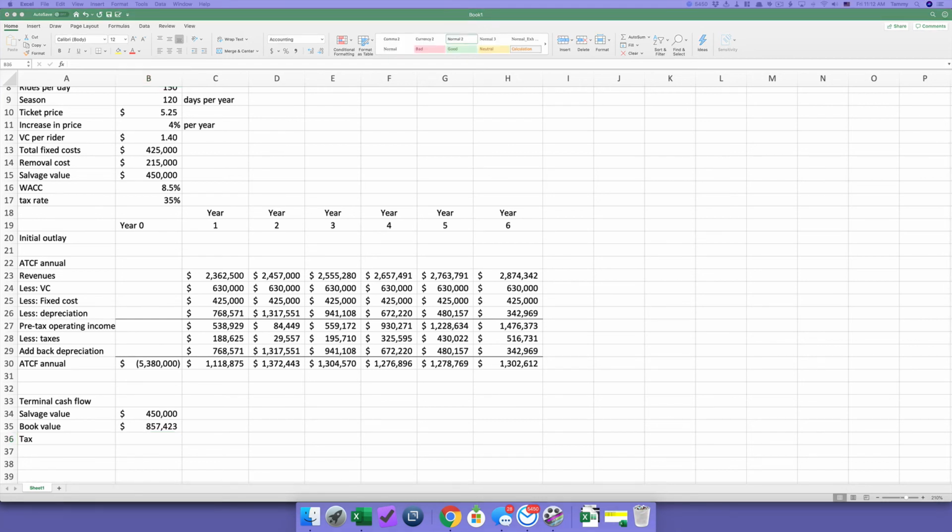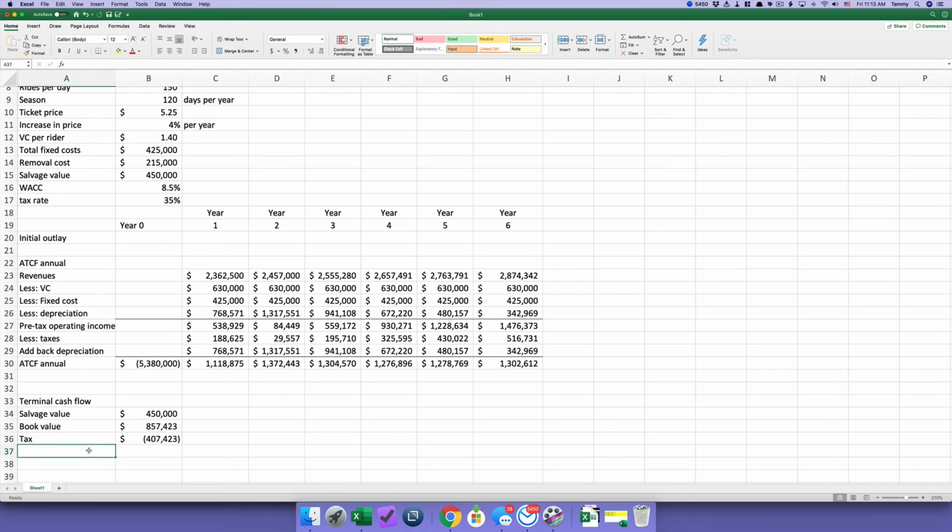So the difference is, let's see, ours is $407,000 less than the book value.